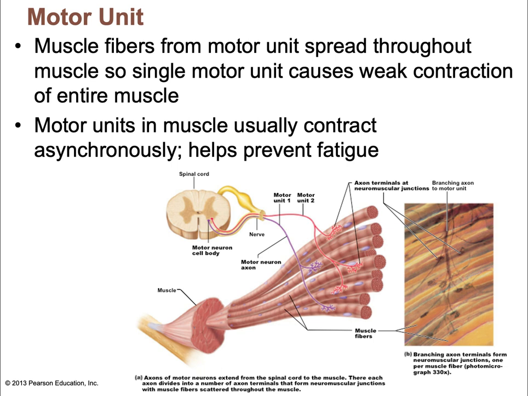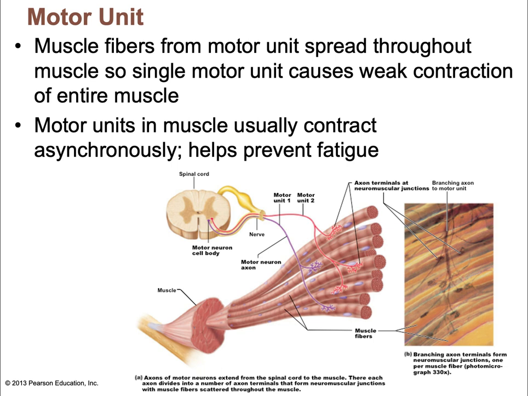The red and the purple represent two different motor units, and the muscle fibers you can see in the cutaway. One of the ways that we can produce more force is to bring more motor units into the activity, right? The more fibers that are engaging in the activity, the more force you're going to produce because the more cross bridging is going to go on, and that means you're going to be able to move a bigger load.